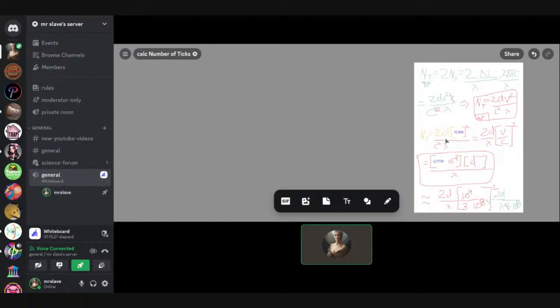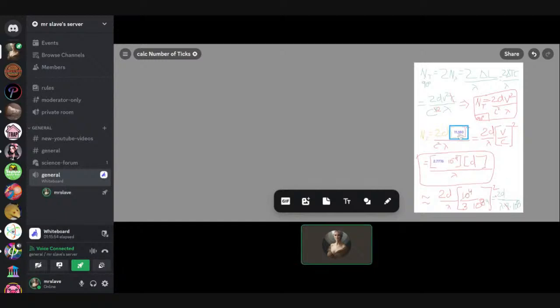This is, I don't know what this is. It's already divided by C. So it's 2D over lambda times V over C squared. So 2D over lambda, so it's the same.